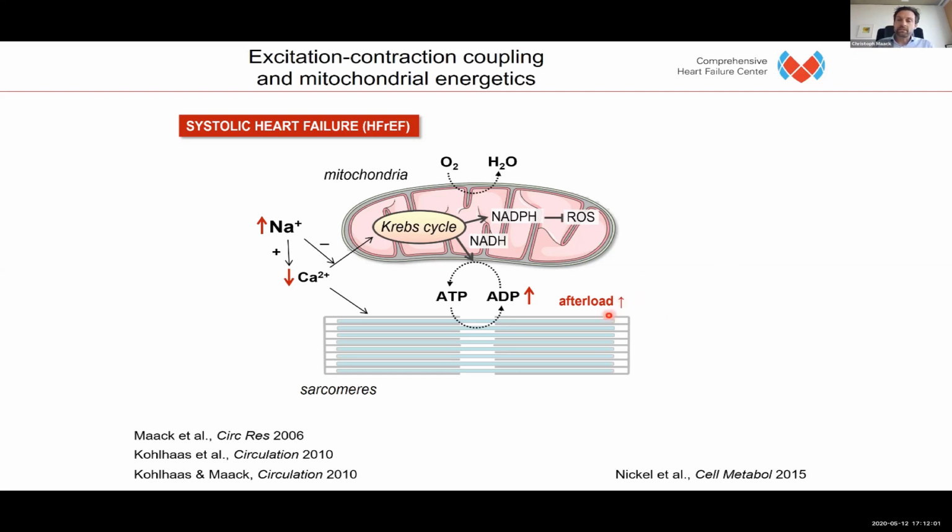So an increase in afterload means the heart and the sarcomeres need to work more, and this elevates the levels of ADP and thereby demands, in theory, more electrons from NADH.